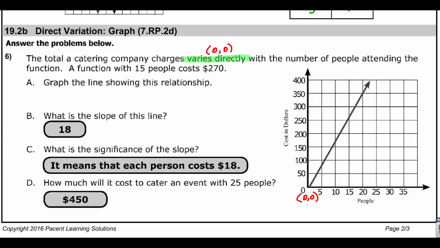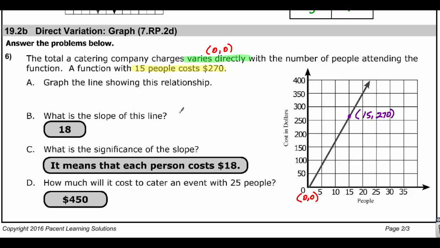They give us a second fact. They tell us that 15 people cost $270. All right, graph the line, done.